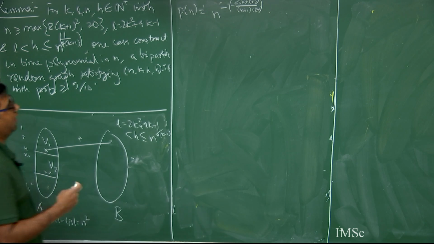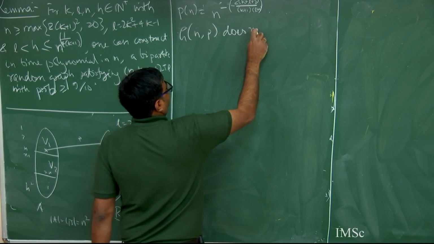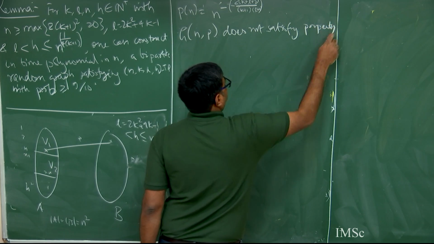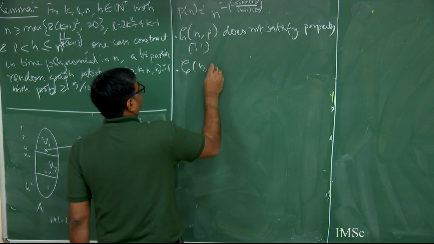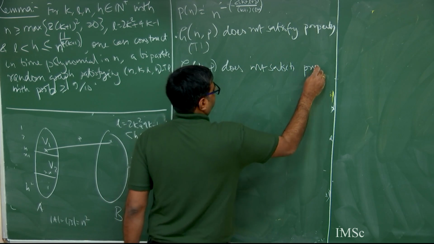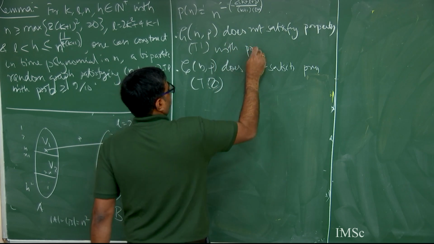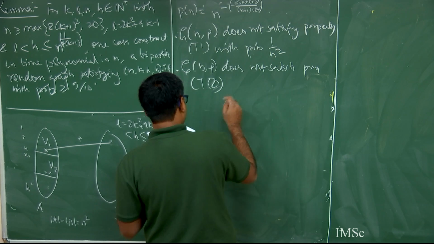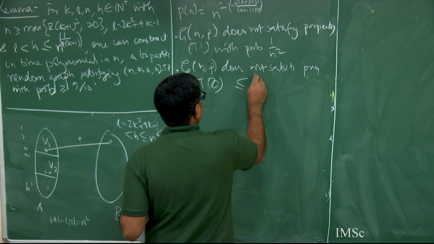So I want to prove first that G and P does not satisfy property T1, and then I will prove G and P does not satisfy property T2, with probability say 1 over n square, and it does not satisfy with probability 1 over n.